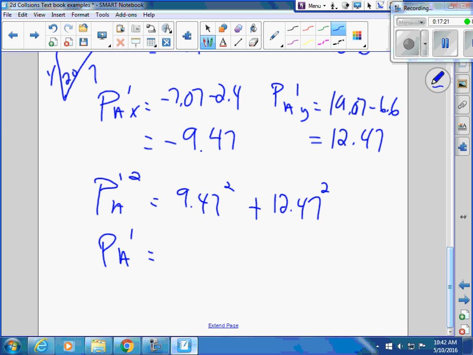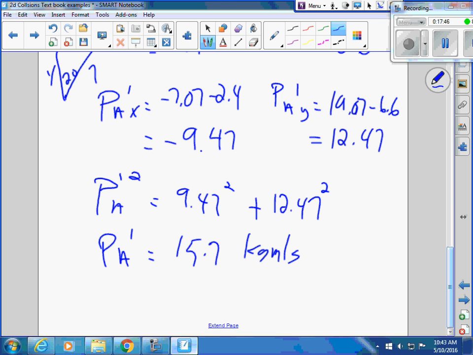I'm just going to get, you guys can do that math. I'm going to get 15.7. Am I right, Sam? Yay, I got the number that I got on my sheet. Took a little different route to get there. So the final momentum of mass A is 15.7 kilogram meters per second, but the question asked for the velocity.